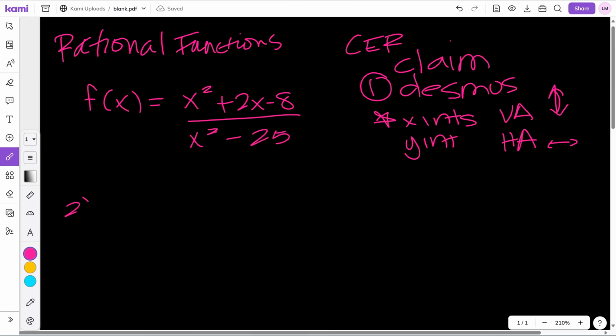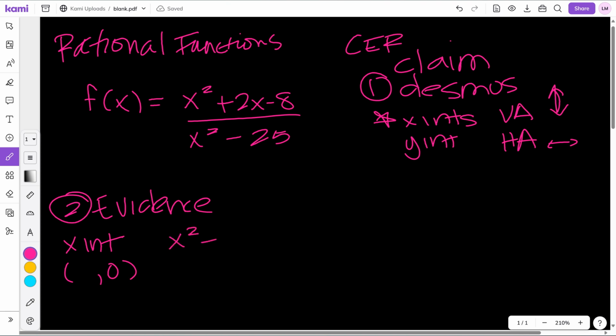When you're providing the evidence, we're going to show how to find everything. So like for x-intercepts, we know that y is 0. And so we are going to set the numerator, the top of the fraction, equal to 0, and then factor. So I want numbers that multiply to be -8 and add to be 2.